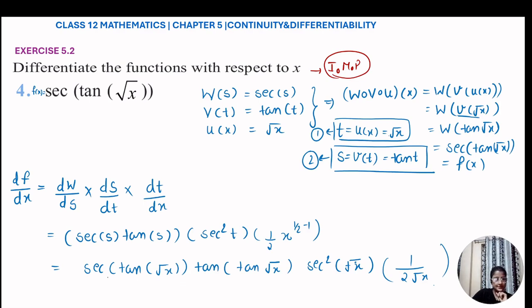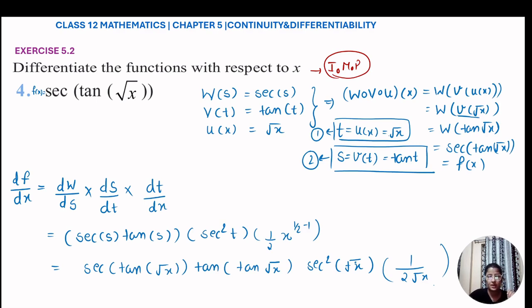So as you can see, this is our differentiation. May I check it? So this is the sec with tan, right? Root x, then sec x tan x, tan of root x, then the differentiation of tan, that is sec square, then differentiation of root x. Yeah, we are done.